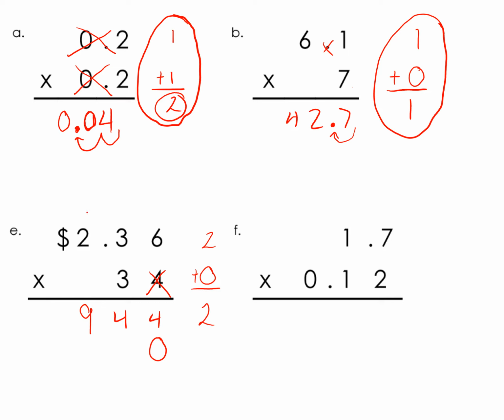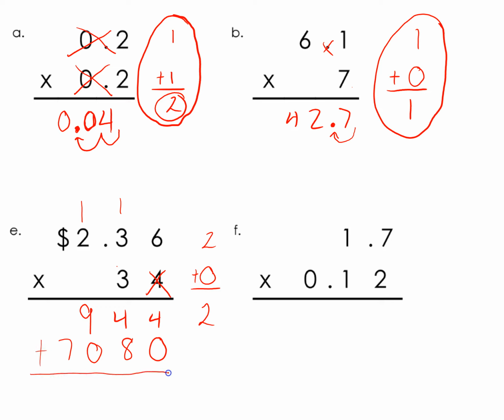Okay. Now I multiply the 3 times each number. So 3 times 6 is 18, carrying my 1. 3 times 3 is 9, plus the 1 I carried is 10, carry that 1. 3 times 2 is 6, plus 1 is 7.